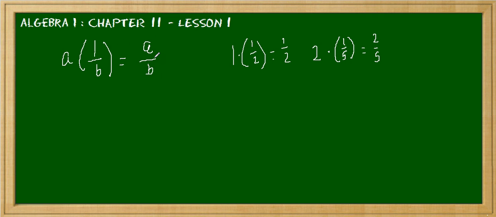A more general interpretation of the fraction a over b is that it is the indicated quotient of the numbers a and b. The quotient meaning we're dividing, right? By using this interpretation, we can represent the fractions 1/2 or 2/5 in decimal form by carrying out the indicated division. We go 2 into 1, which we would then put a 0, and obviously it would be 0.5, so we have the decimal. 1/2 is equal to 0.5.